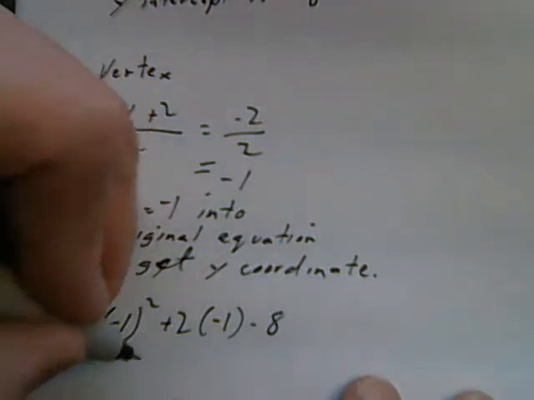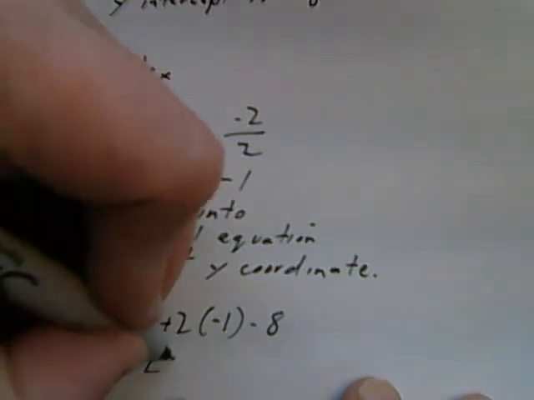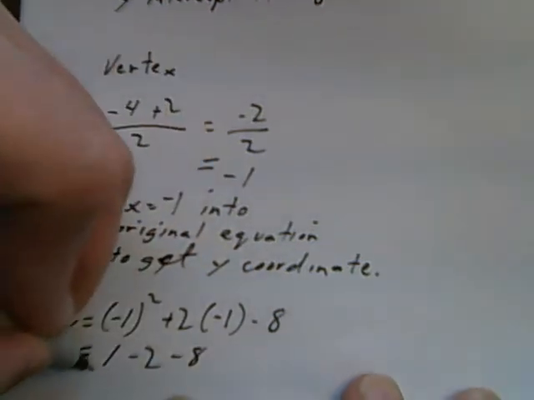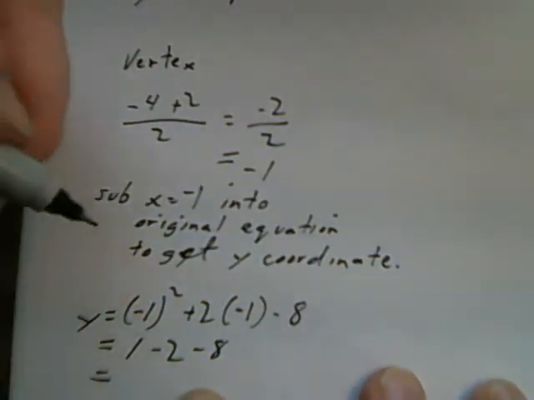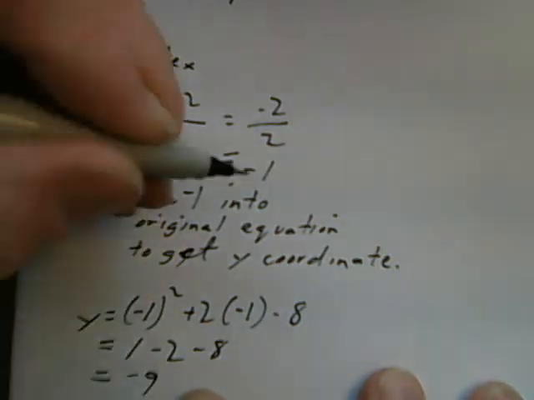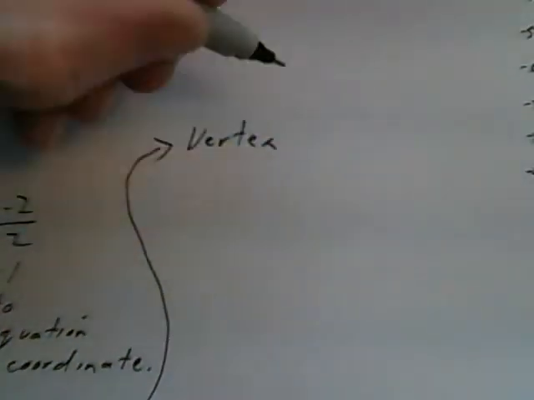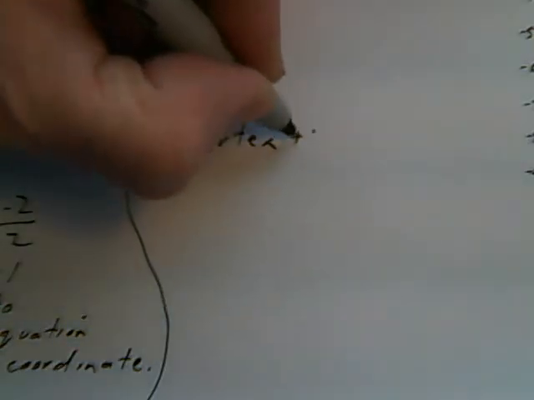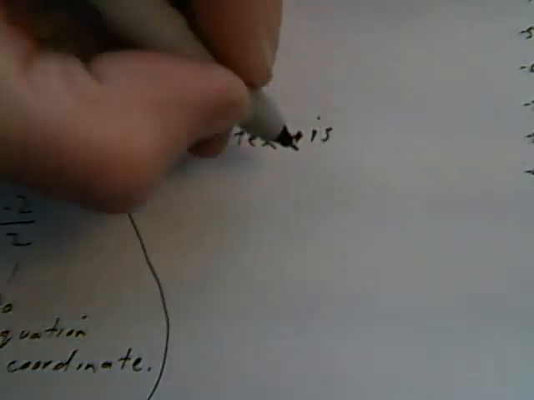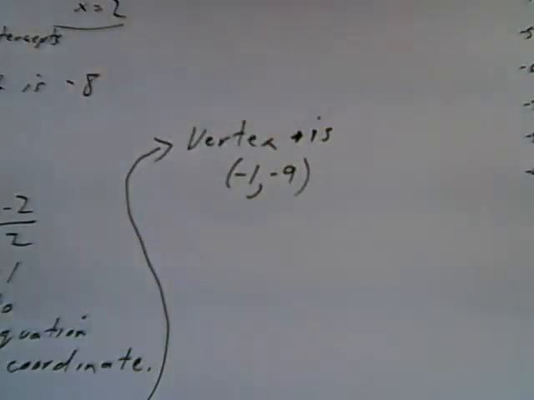So negative 1 times negative 1 is 1. 2 times negative 1 is negative 2. And then minus 8. When I add those three together, 1 minus 2 is negative 1. Minus 8 is negative 9. So the vertex is negative 1, negative 9. I'm going to plot that on the graph.